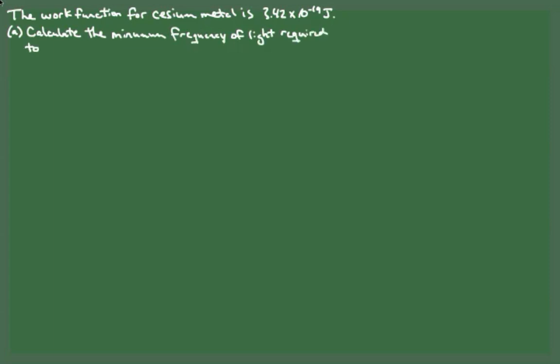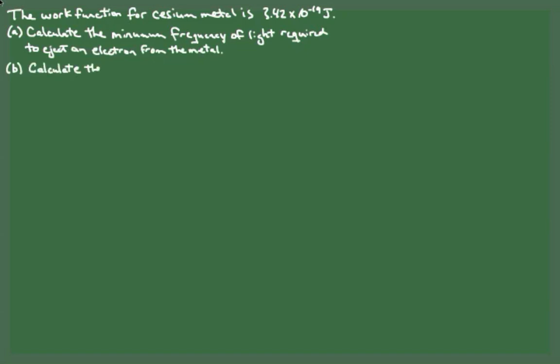So to work an example problem using this equation, this problem starts: the work function for cesium metal is 3.42 times 10 to the minus 19th joule. So that's the energy required to eject an electron. Part A, calculate the minimum frequency of light required to eject an electron from the metal.